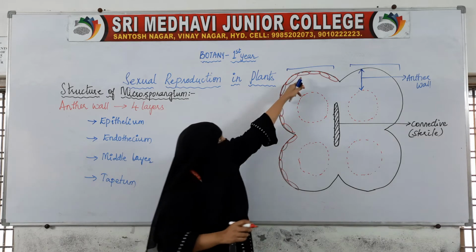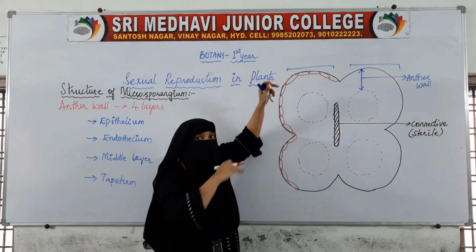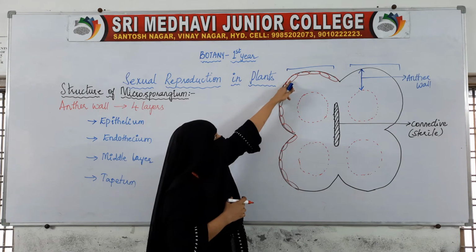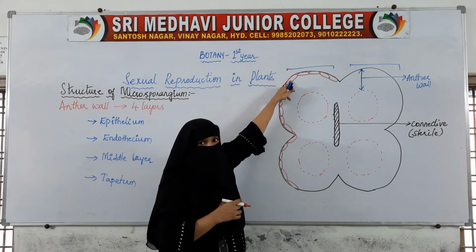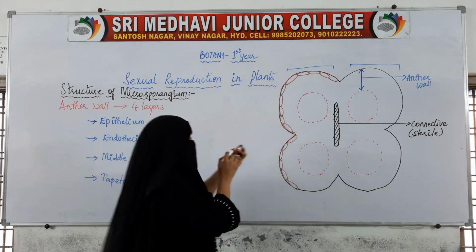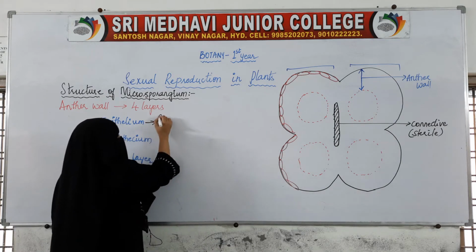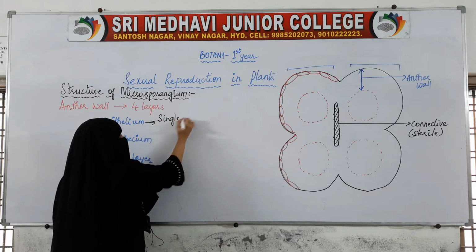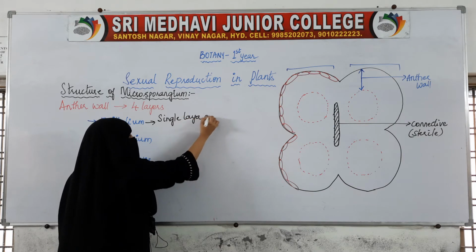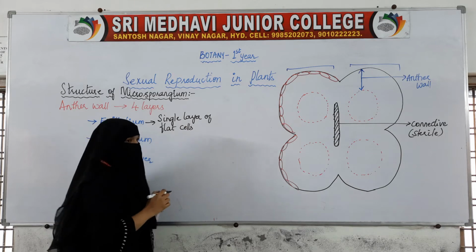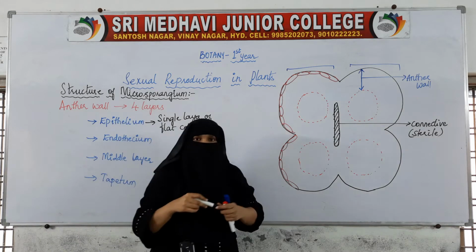If we see from outside, this is the first layer, which is nothing but the epithelium, and it consists of a single layer of flat cells.